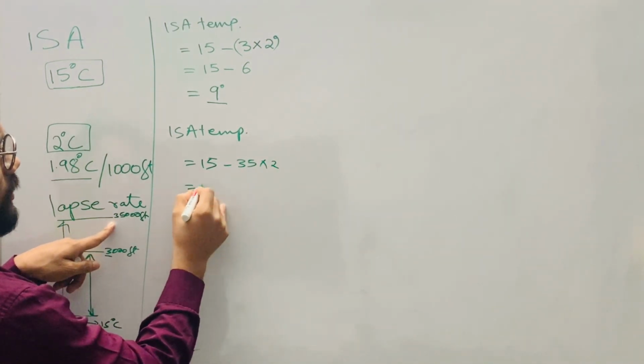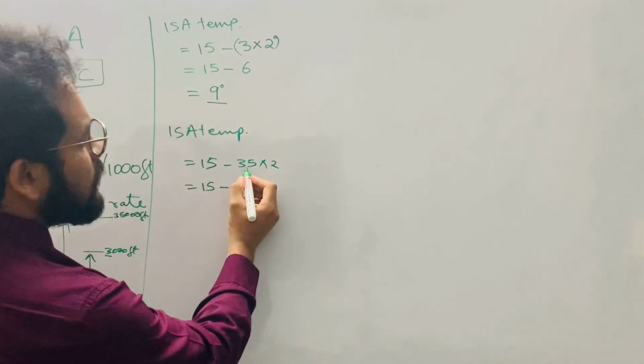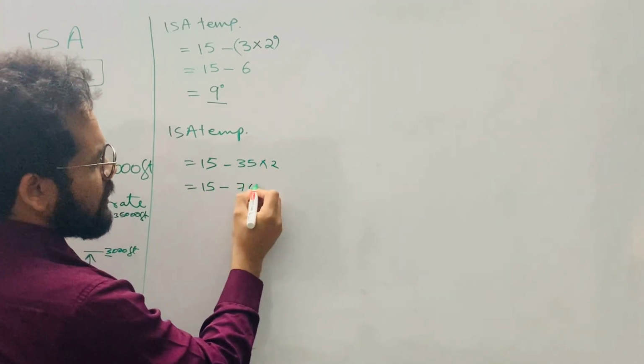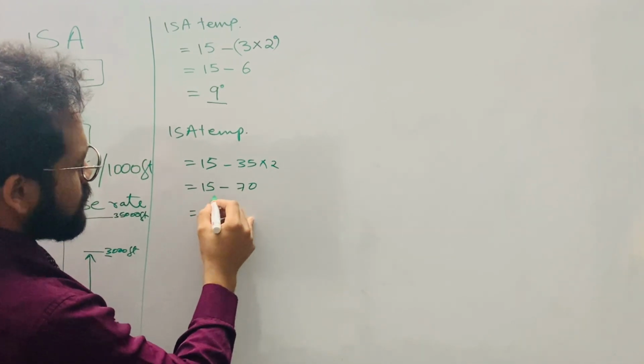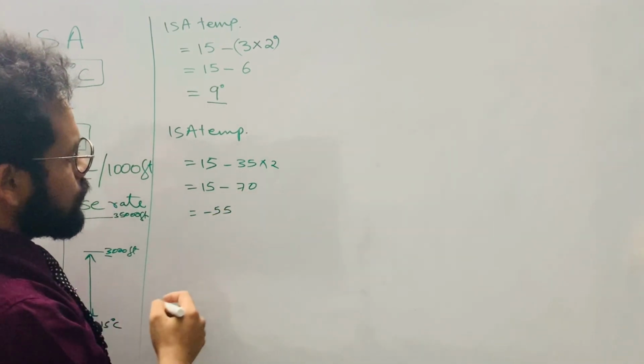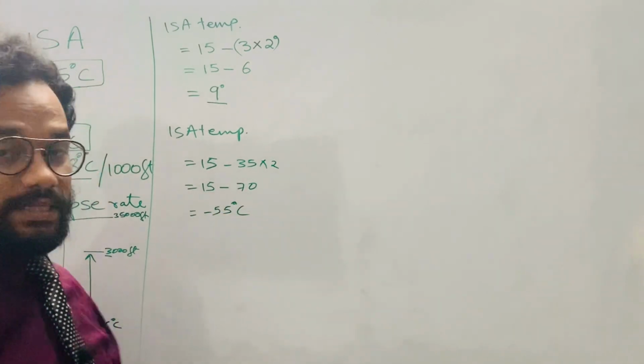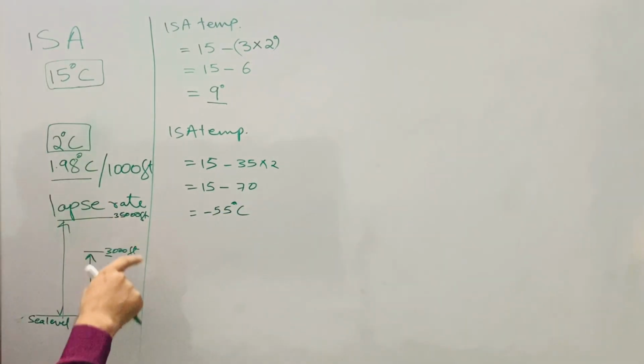So how much does it come to? 15 minus, 35 into 2 is 70. It comes to minus 55. So minus 55 degrees Celsius is the ISA at 35,000 feet.